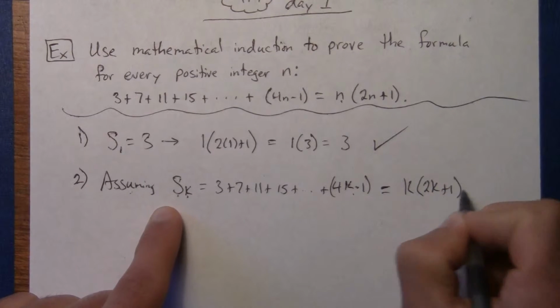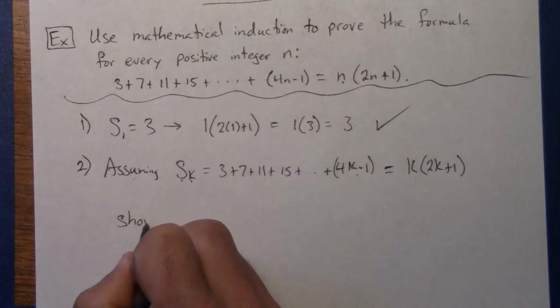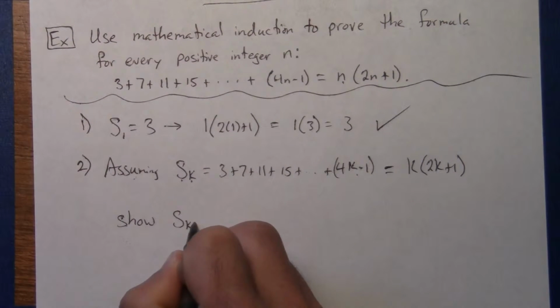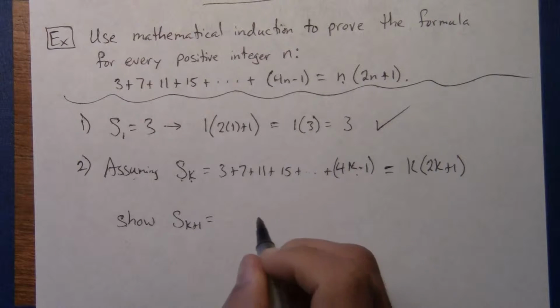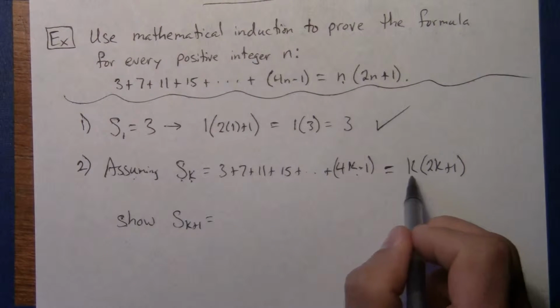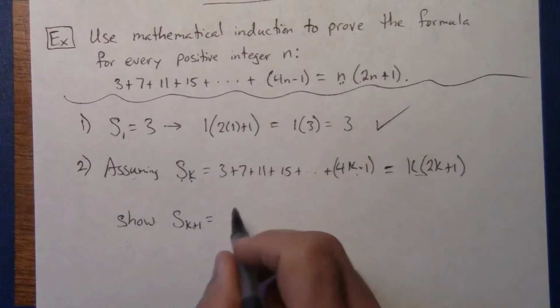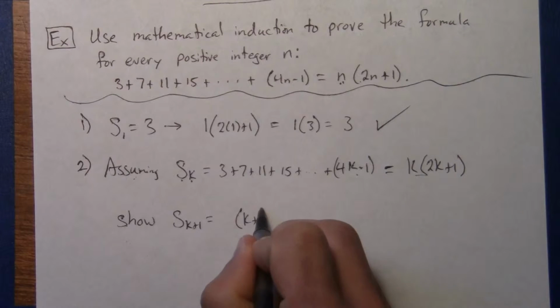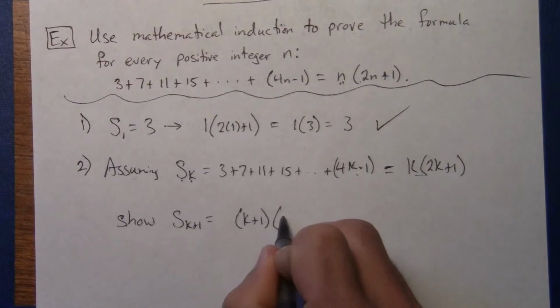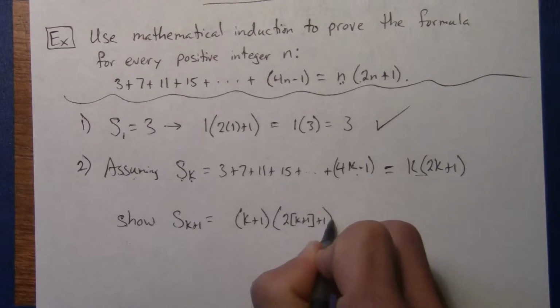Remember the formula says you should just be able to plug the number in, so this would be k times 2k plus 1. So assuming that that's true, I need to show that s sub k plus 1 is going to equal, s sub k plus 1 would mean just plugging k plus 1 in for the n's up here. That would be k plus 1 times the quantity 2 times k plus 1 plus 1.